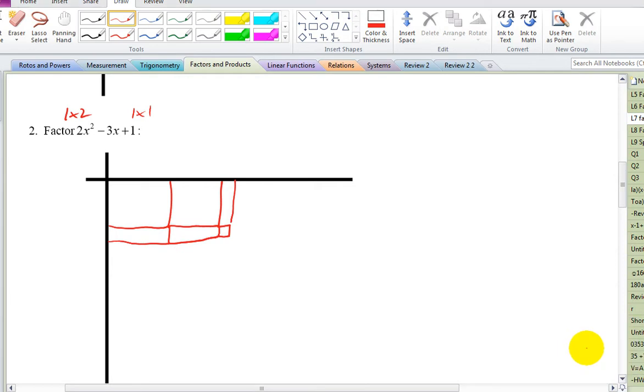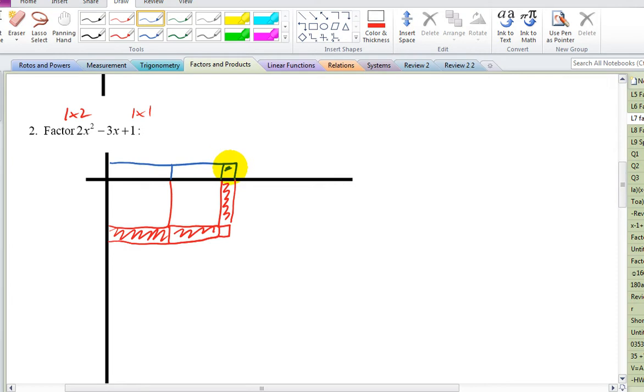So the tricky part is we have the correct number of tiles. We have 3 x's. But what's wrong with how I drew this? Yes, always check and double check. Mr. Barker should have made them negative. That will completely affect your answers.